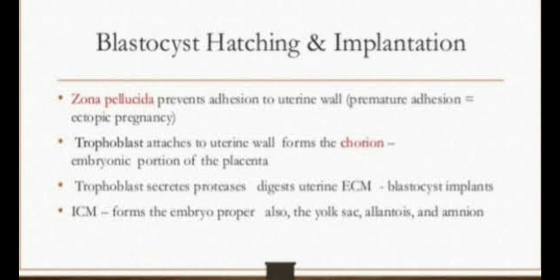This is known as the blastocyst hatching and implantation of the blastocyst. The inner cell mass forms the embryo proper, and it also forms yolk sac, allantois, and amnion.